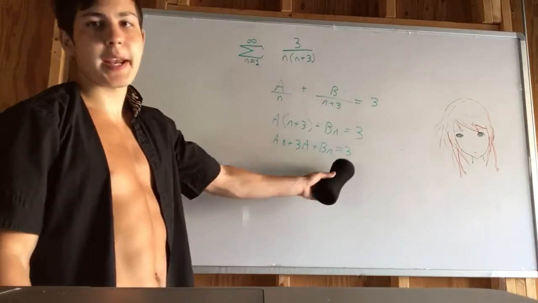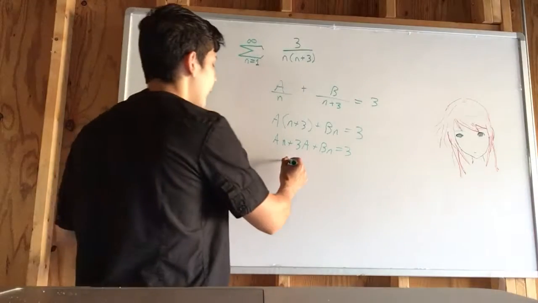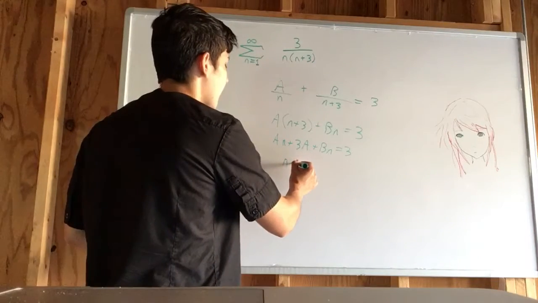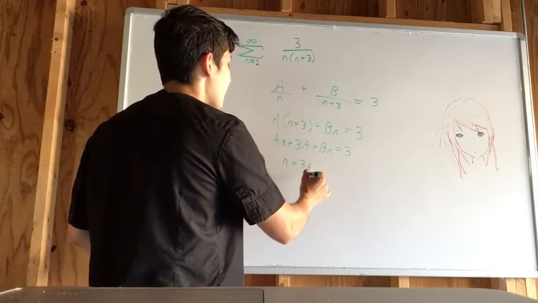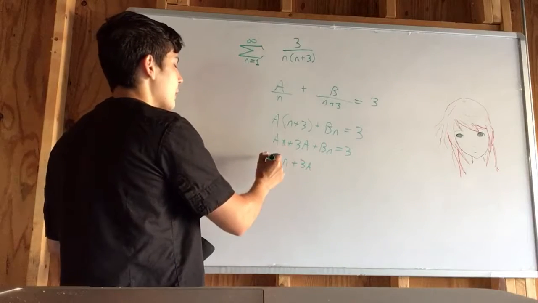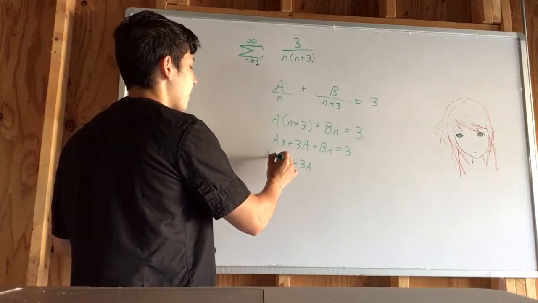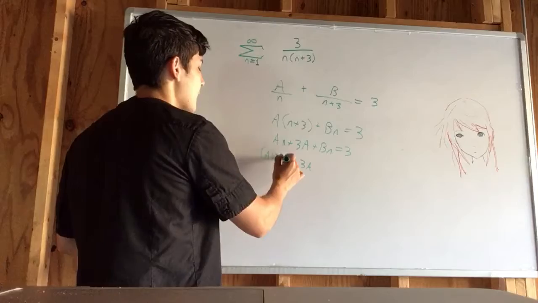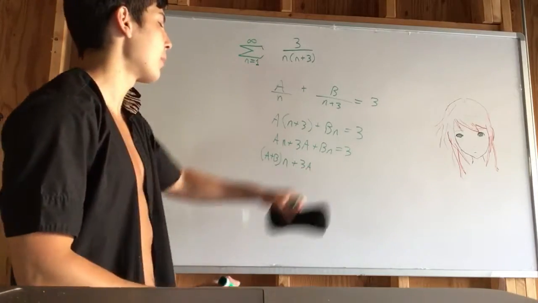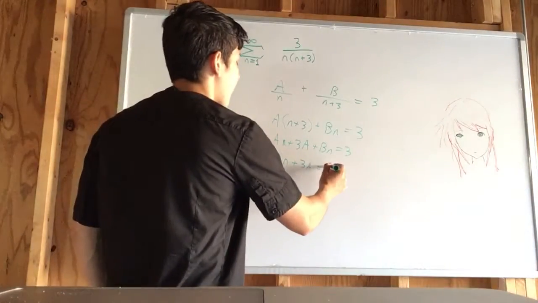Now we get the terms that have n together over here, and we have plus 3A. These are the two terms, so that's A plus B. A plus B multiplied by n, plus 3A, has to be 3.